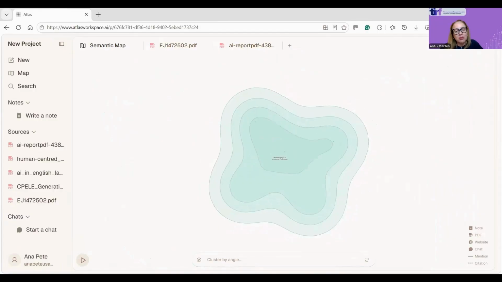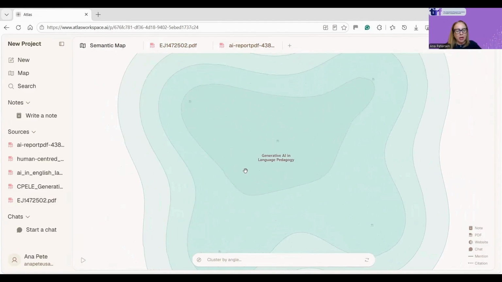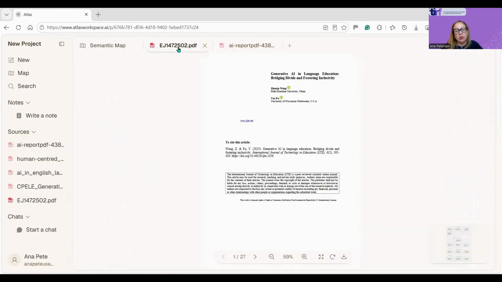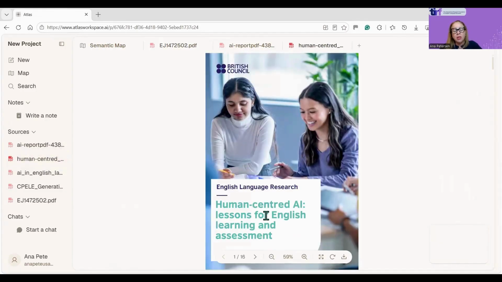What is interesting for me is that not only can I see how they relate inside this big map, but also I can interact with them. So if I take the first that I have here, I can open all of them. Generative AI in language education, bridging divide and fostering inclusivity, all of them are very interesting.